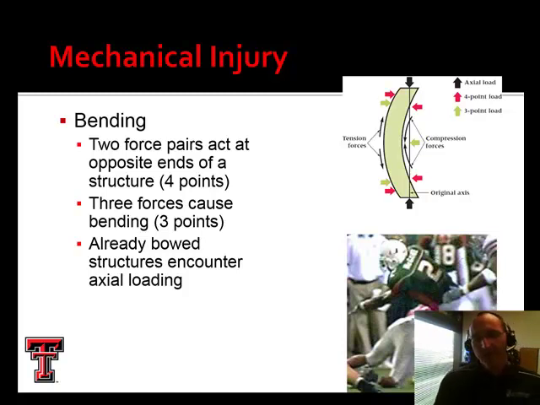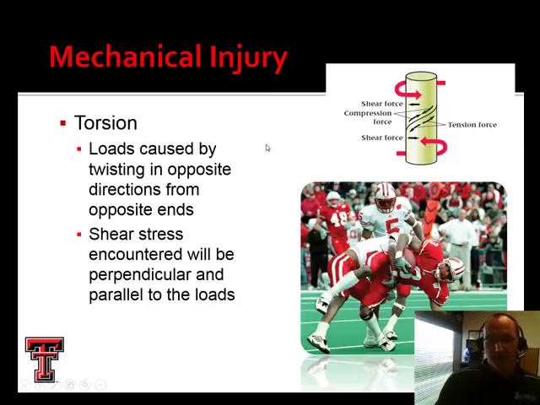Another example here, we see a 4-point load where the application isn't necessarily directly in line, and even more so in the case of a 3-point load. That's what we see here, where we've got fixation, fixation, and force in the middle. So bending forces can result in fractures and a number of ligamentous injuries.